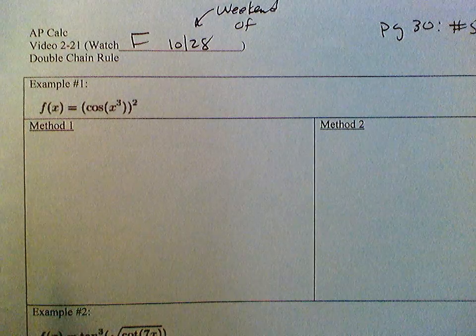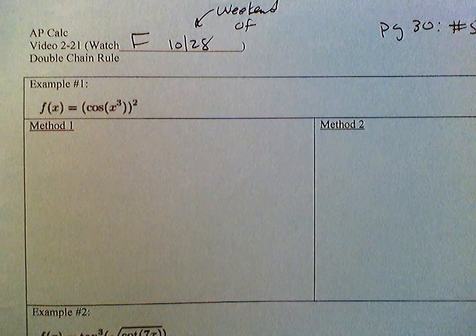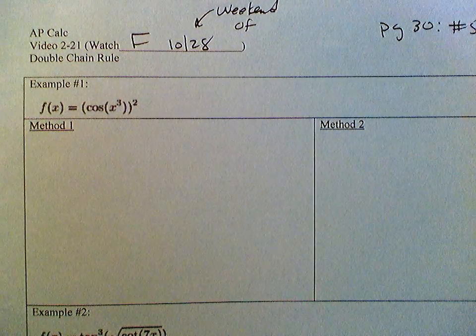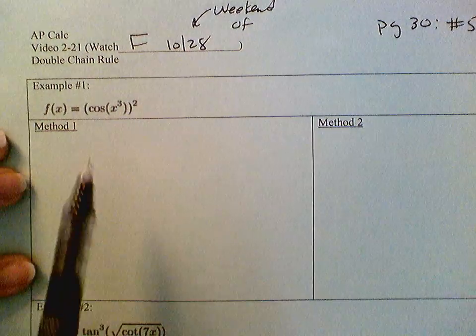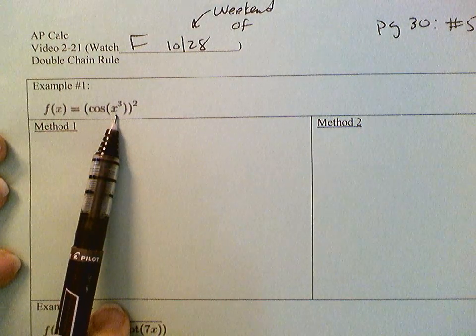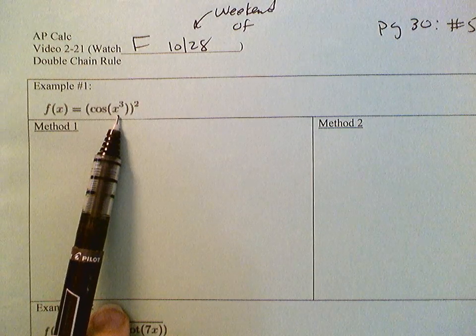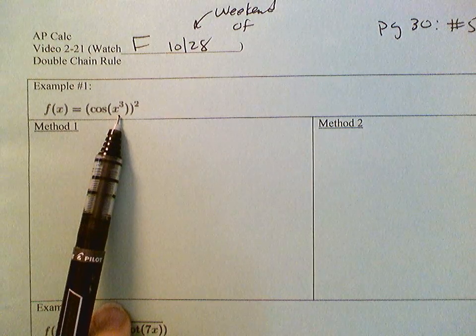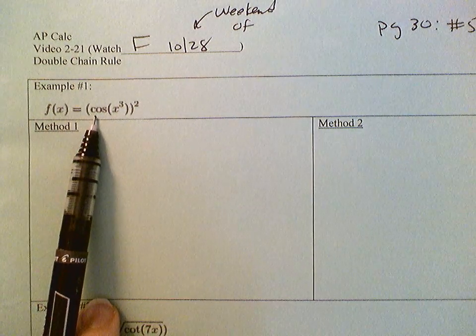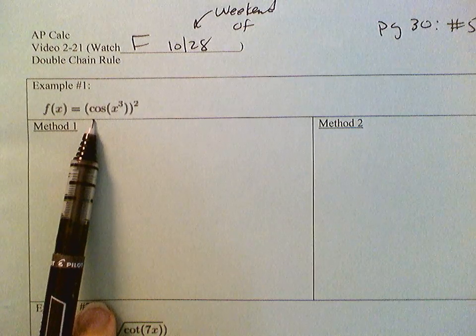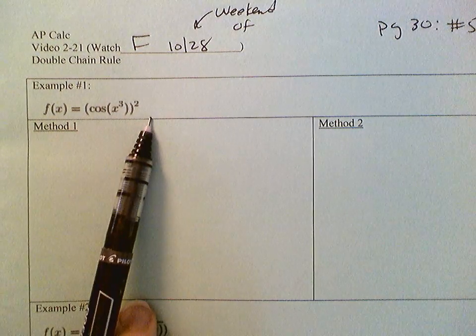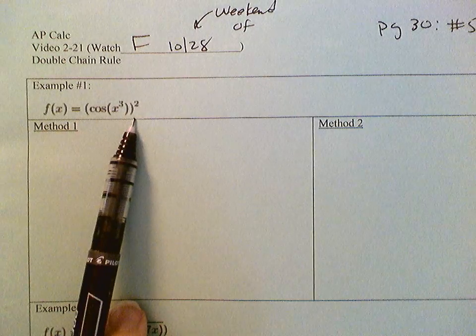Okay, so in this case, I've got 3 functions involved, and if you don't see it, I'll be more specific in a moment. So I look here and I see x to the third is what I would consider the innermost function. That is inside of cosine, and then cosine is inside of the squaring function here, blank to the second.